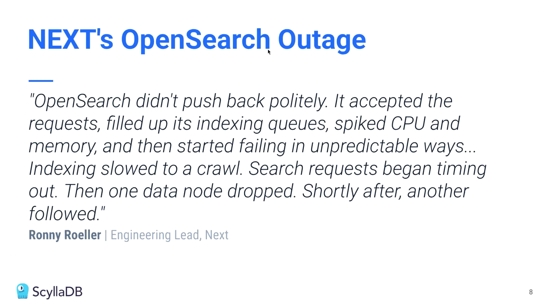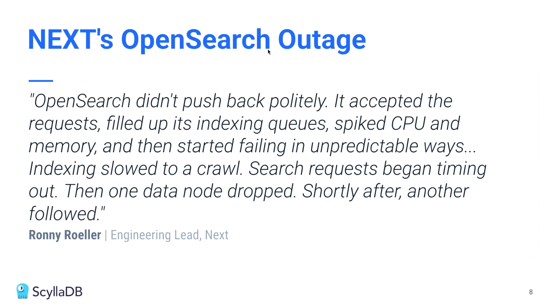This is an example from Next AI, another company, and they faced an outage that is related to database workload and what they were doing. So this is a quote by one of their leading engineers, and they did a post-mortem for what happened. And what they say is that they were using OpenSearch. They were used to doing queries that were predictive and worked in a certain way.